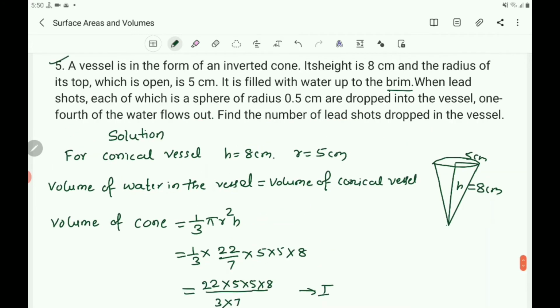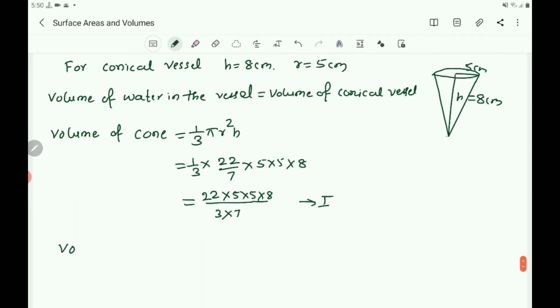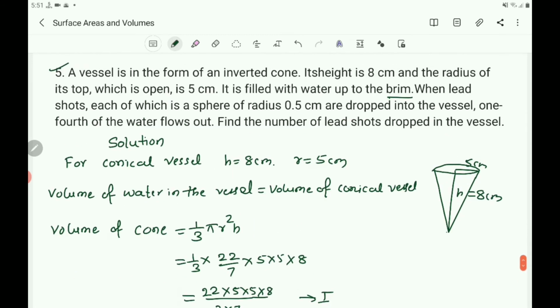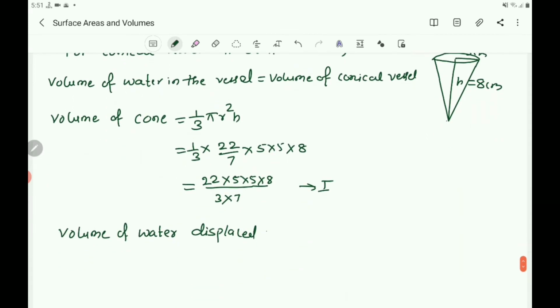And the volume of water displaced is how much? 1/4 of the volume of the water in the vessel, that is 1/4 into 22 into 5 into 5 into 8 by 3 into 7.